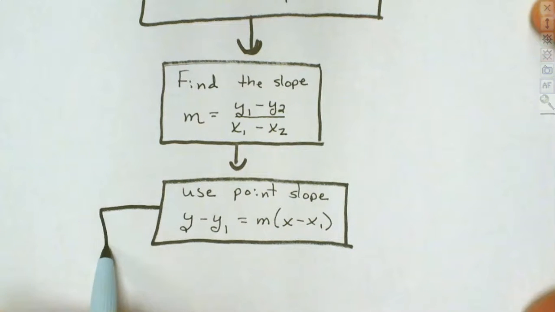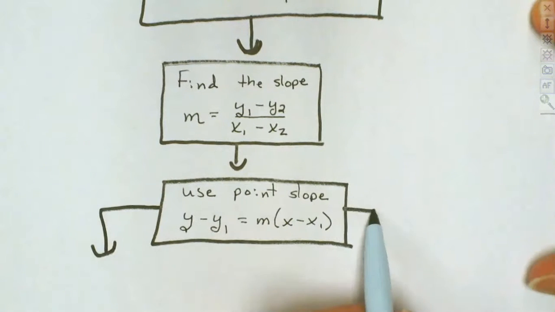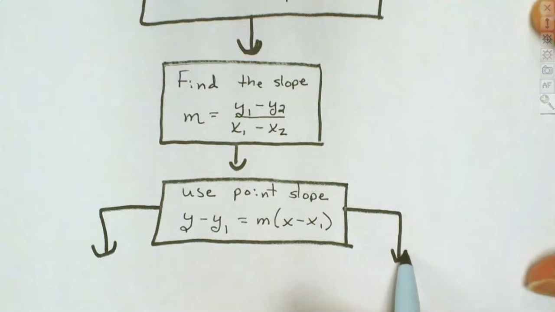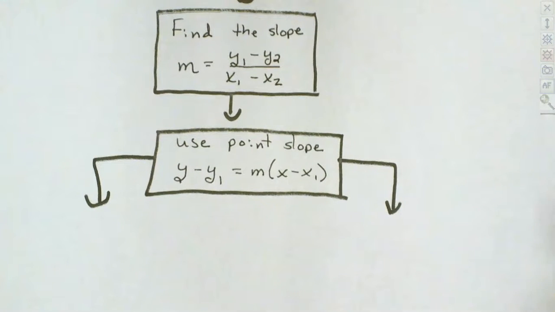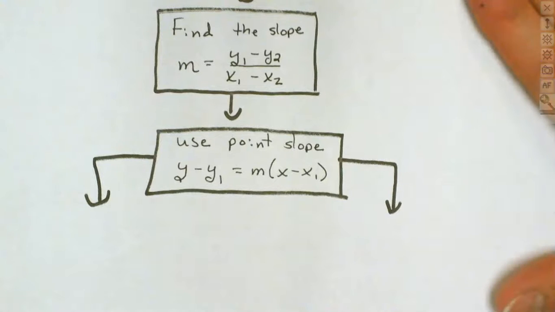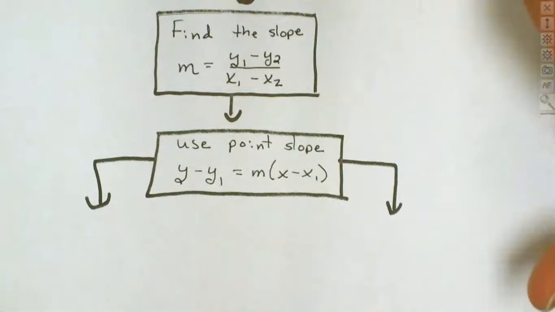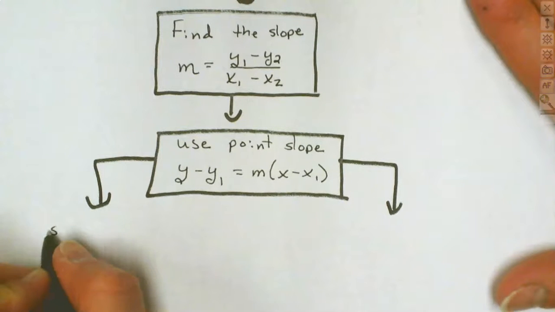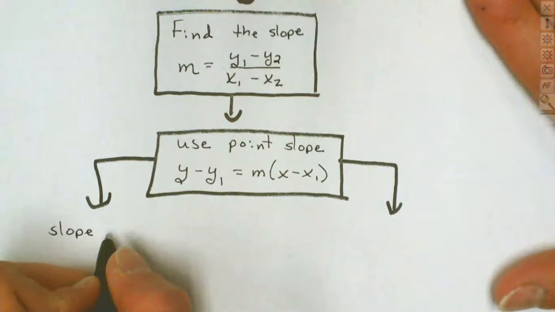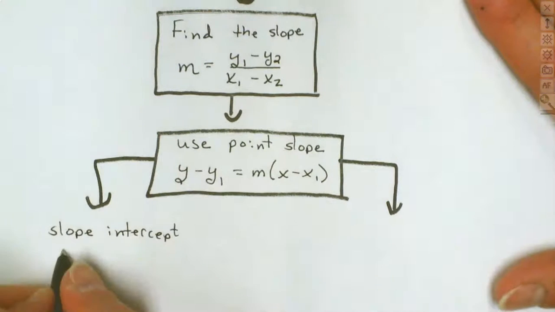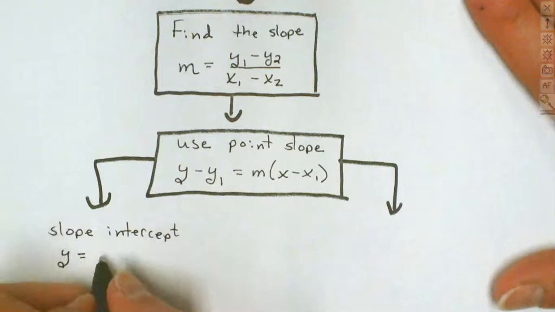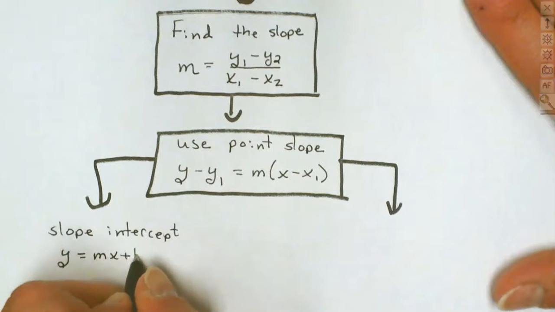And now we write our answer in either slope-intercept or standard form. Remember, what do we know about slope-intercept? Well, slope-intercept is solve for y. And so that is y equals mx plus b.